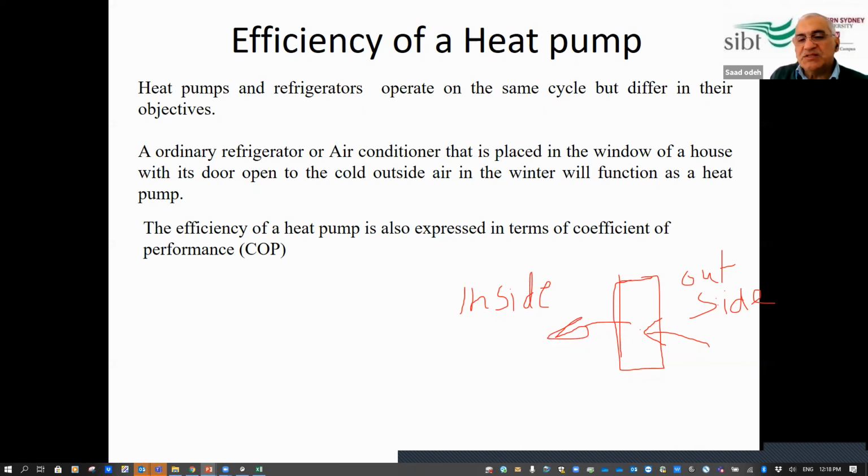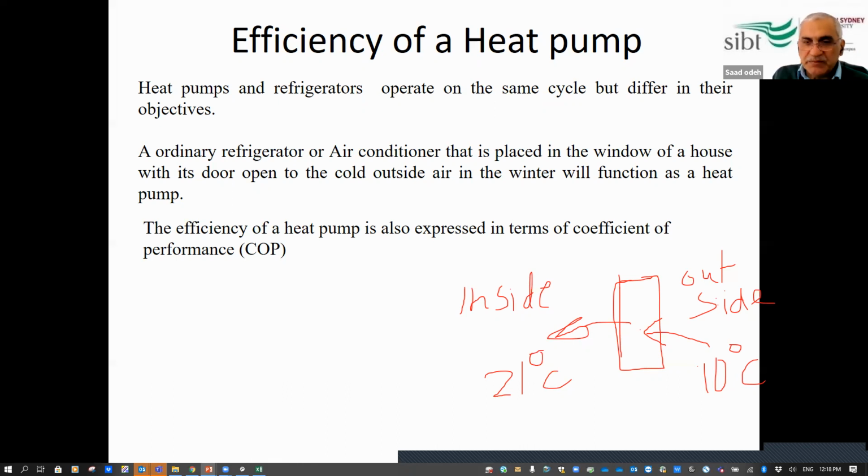Because normally we do this process in winter, and in winter time, the outside temperature is, for example, 10. The inside temperature is, for example, let's say 20 or 21. Look, how come we transfer heat from lower temperature to higher temperature?